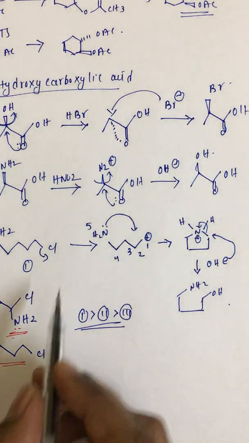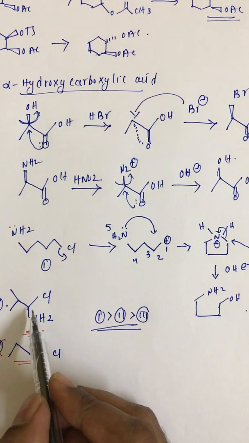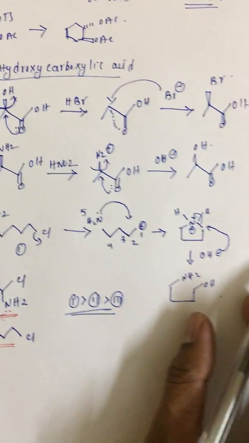so the order will be 1, then 2, then 3. Why is the first one more reactive than the second one? Because in the first one we are getting a 5-member ring.